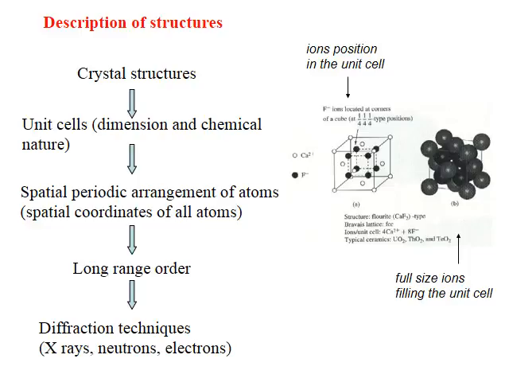The organized assembly of the unit cells defines what we call long-range order. Diffraction techniques are in this case very useful. X-rays, neutrons, and electrons are diffracted by the crystalline structure. The diffraction pattern can be solved to the 3D description of the structure.